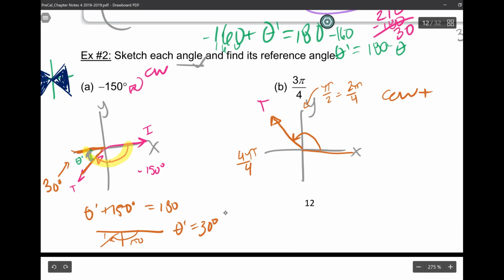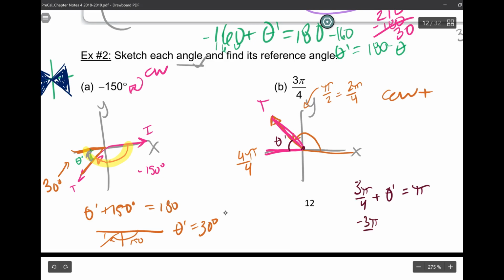I'm just going to label this terminal. And we need to find its reference angle, between the terminal and the x-axis. You can see where the angle will be if you trace it out: here's the vertex, and it's going to be this angle right here. So 3 pi over 4 plus whatever this angle is going to equal 4/4 pi, so it's going to equal 1 pi.